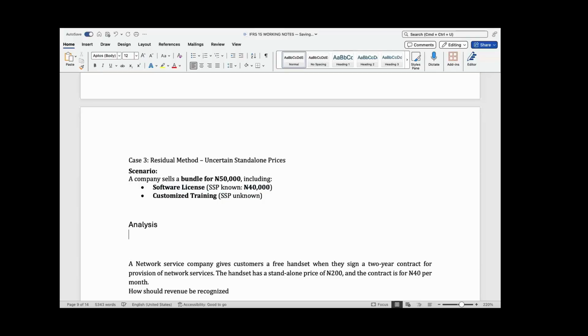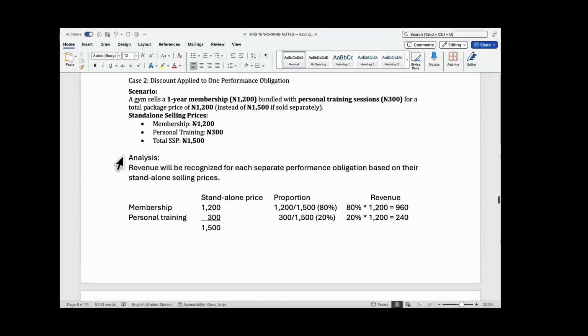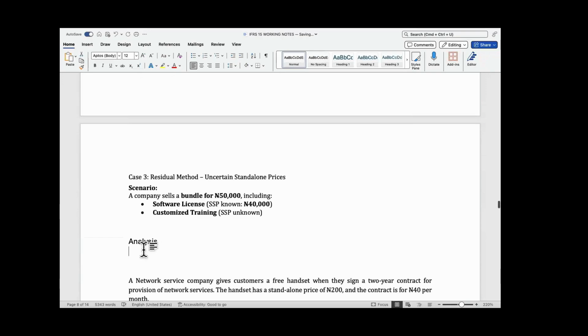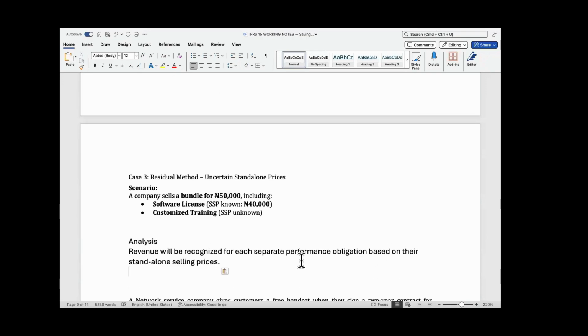Again, the same explanation is that revenue will be recognized for each separate performance obligation based on their standalone selling price. Since the money you received is 50,000, we know the standalone selling price of the software.